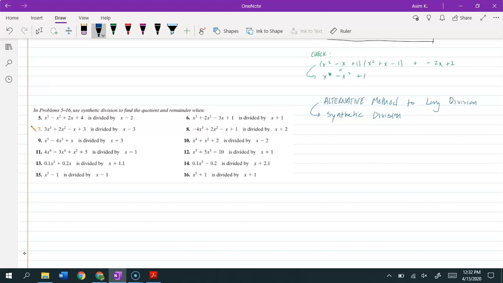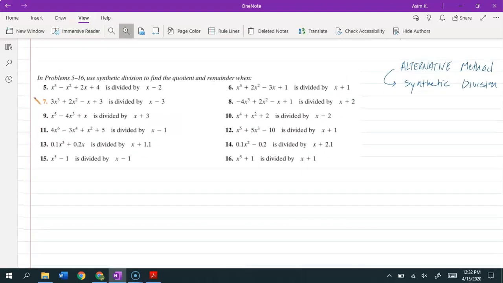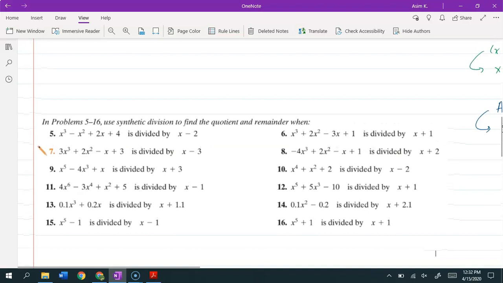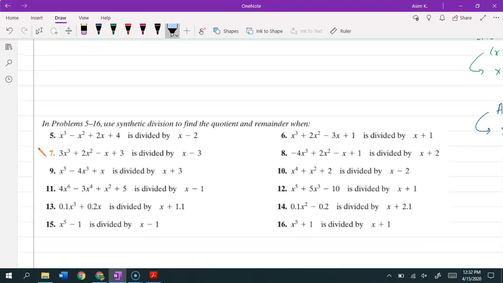First off, you can only use synthetic division, which I'm about to detail for you in a moment, as long as you have a factor that looks like x minus something or x plus something.